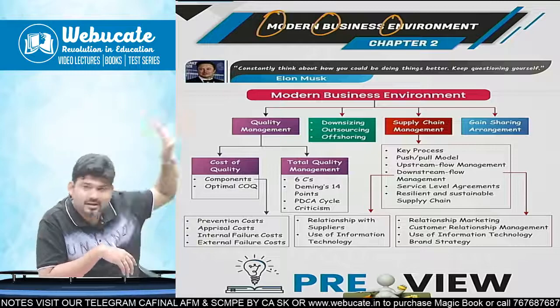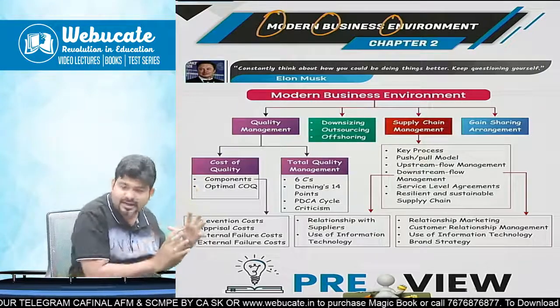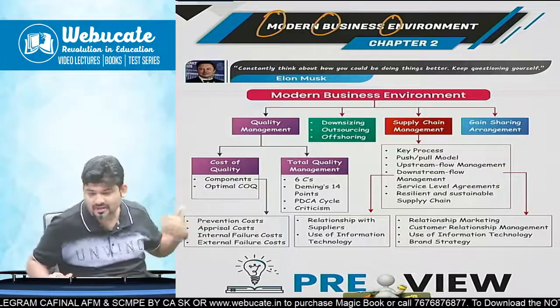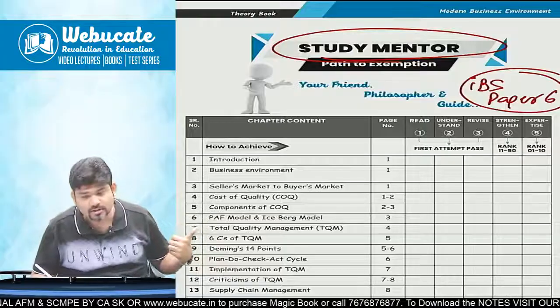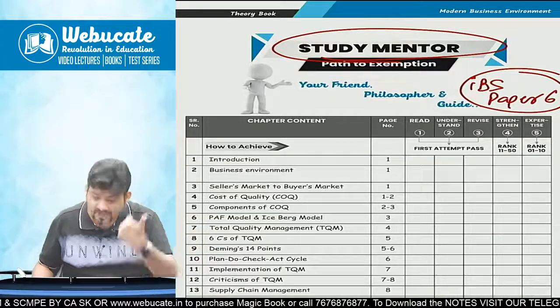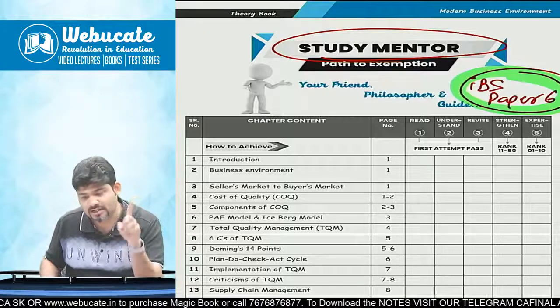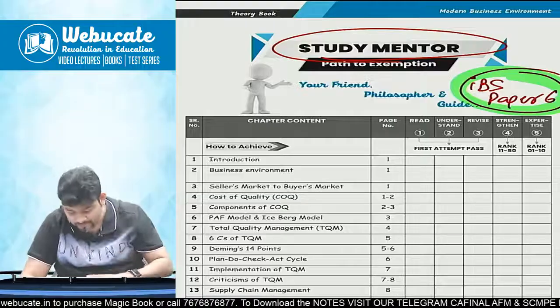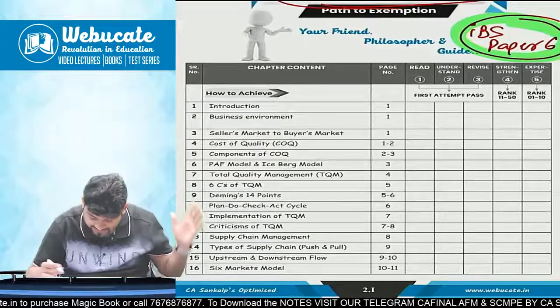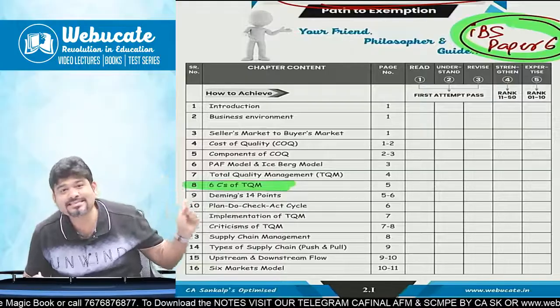The preview will comprise the ICAI module content of all that we are going to cover in this topic. Then there is a study mentor, which will be very helpful to students giving paper 6, because in paper 6 IBS you will get open book questions. Suppose there is a question on 6 C's of TQM.